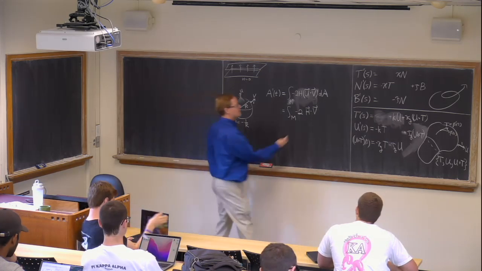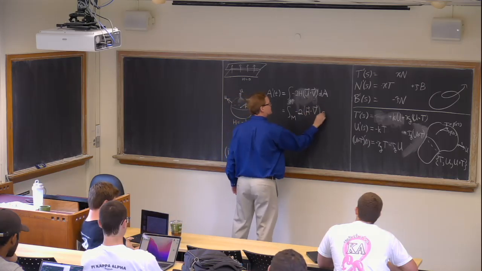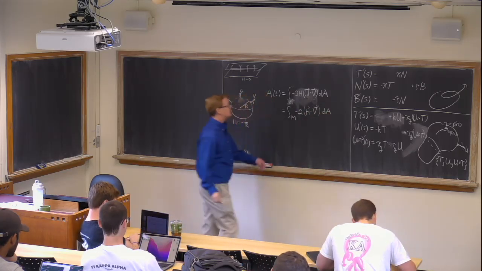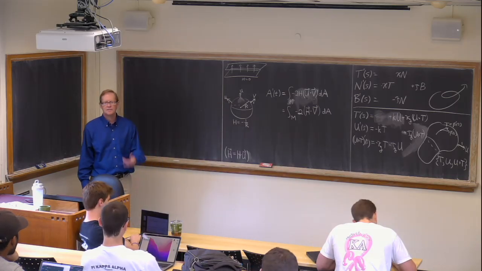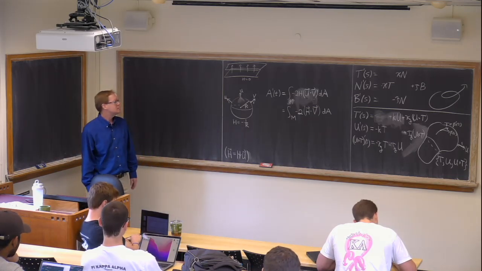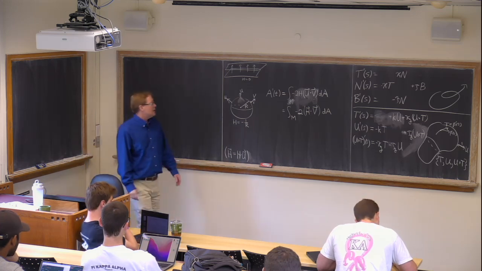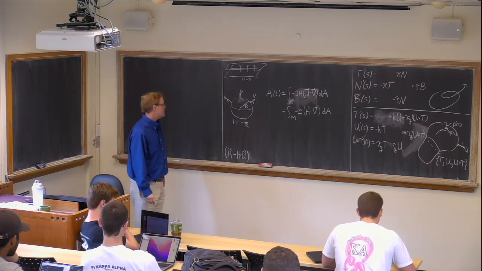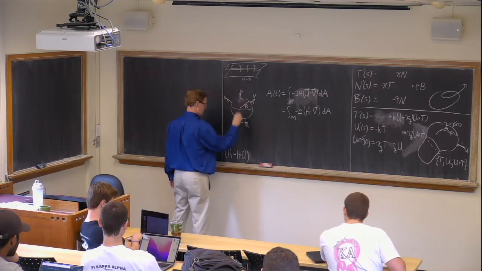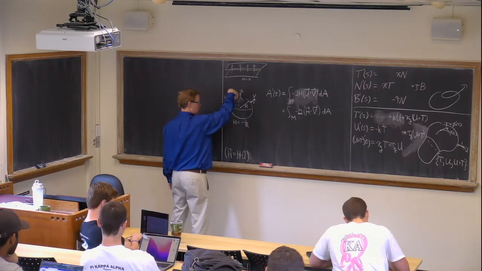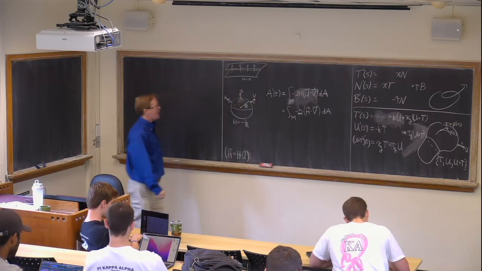You can see how the formula simplifies a little bit if we define the vector h to equal h times u. It's a natural thing to do. In other words, the mean curvature vector is pointing in, in all cases.